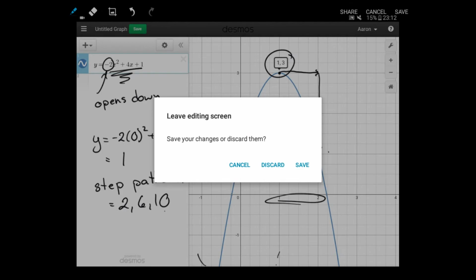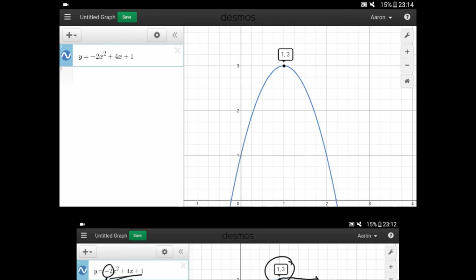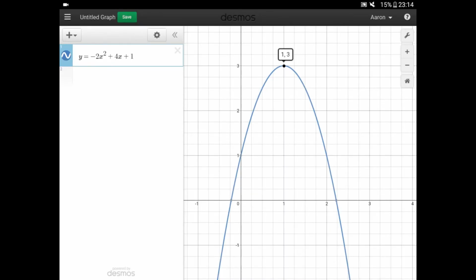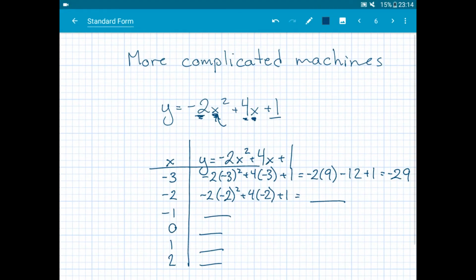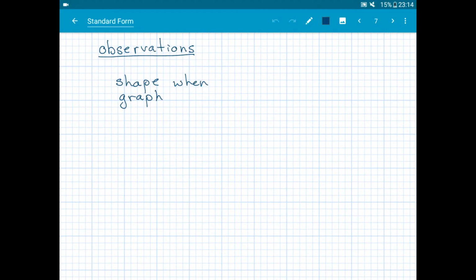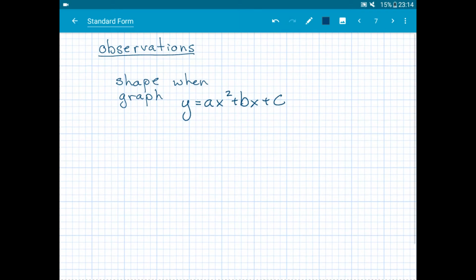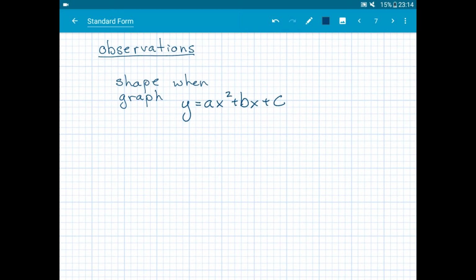Okay, let's go back to our notes. When we graph anything that looks like this, y equals ax squared plus bx plus c, it is always going to be a parabola, which is that shape that goes up and then down.